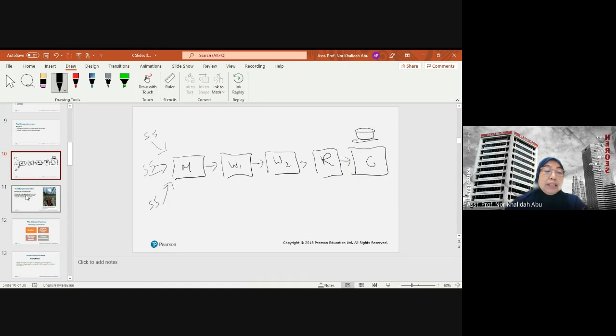So that is why these suppliers and intermediaries are very important to you. And as I said, if anything happened to them in the microenvironment, it will have impact on you directly.